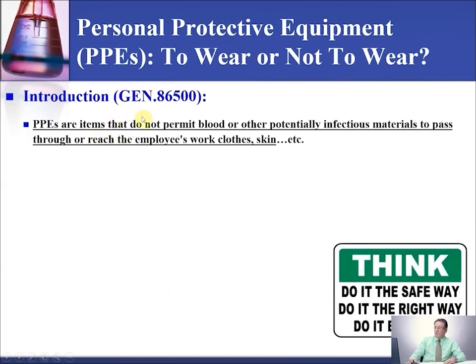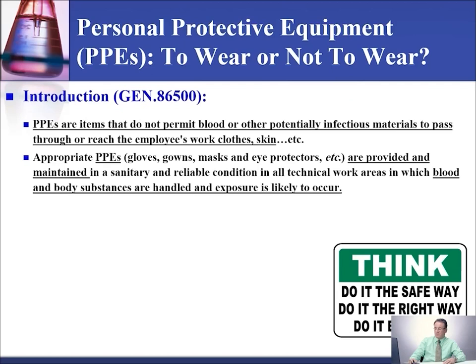In LabGen 86500, it says PPEs are items that do not permit blood or other potentially infectious material to pass through or reach the employee's work clothes or skin, etc. And the standard also says appropriate PPEs, gloves, gowns, masks, eye protections, etc. are provided.